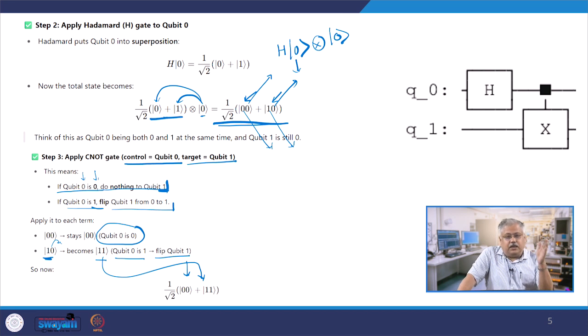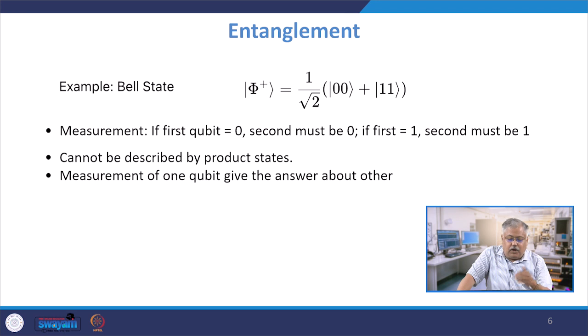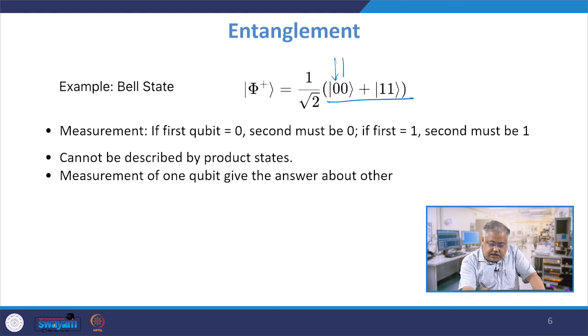Now, what we have done effectively, and that is what I was showing you here, is that if you have an entangled state, which we define as phi plus, then if the first qubit is 0, the second must be 0. If the first qubit is 1, the second must be 1, right. That is what it is stating here, which means that if you know this state 100% and this state, this state is known.